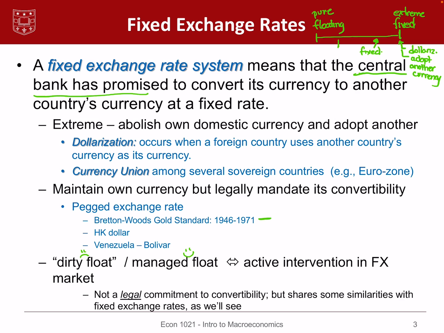The allegation of a dirty float is the suggestion that a country has publicly said we're going to let our currency float, and we're not going to intervene in the foreign exchange market, but then more surreptitiously does in fact intervene in the foreign exchange market. So that's the sense in which somebody refers to this as dirty.